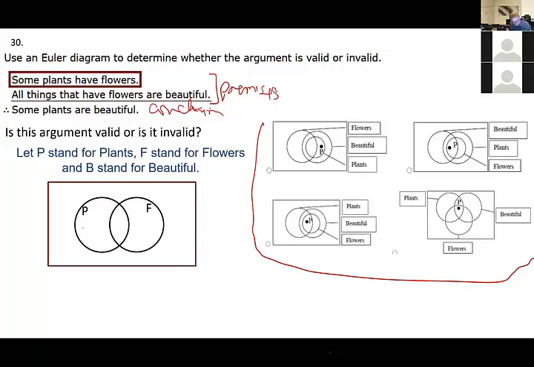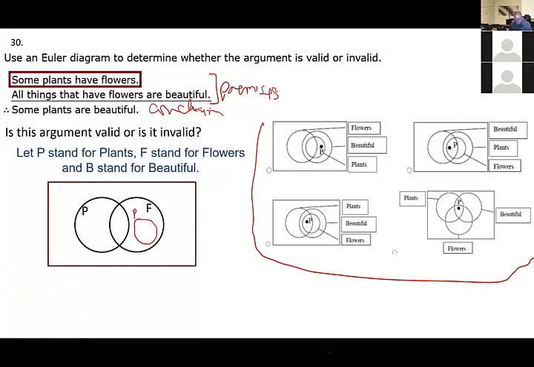If all plants have flowers, the plant circle would have to be completely inside the flower circle.